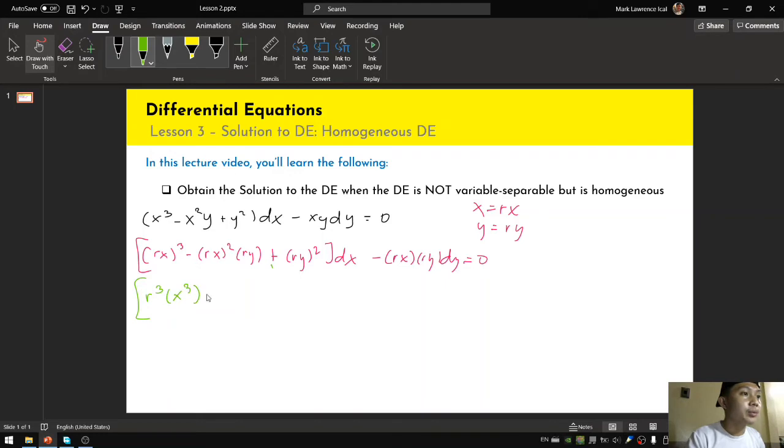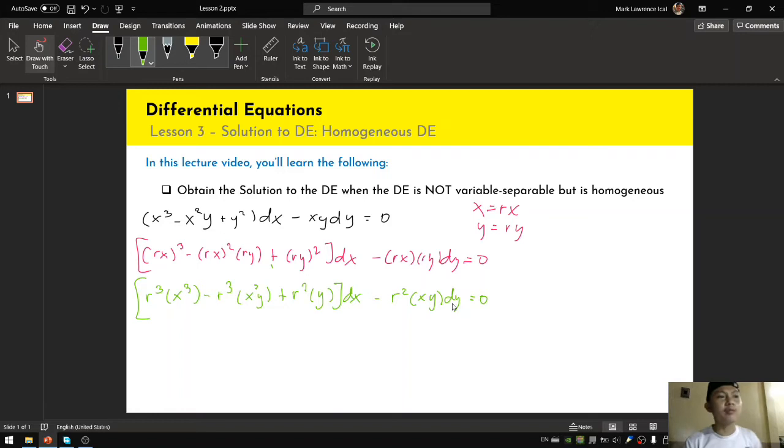This is going to be minus R squared x squared multiplied by R. So, it's going to be R cubed x squared y plus R squared y dx minus R squared x y dy equals 0.